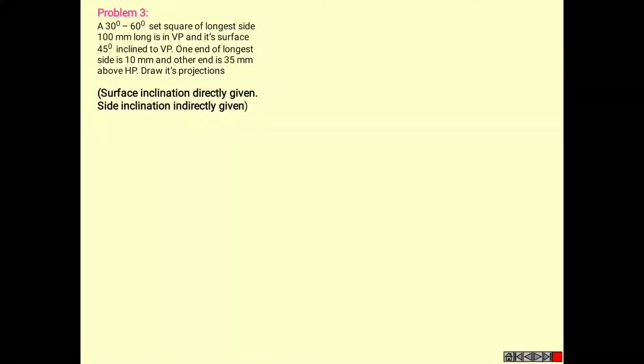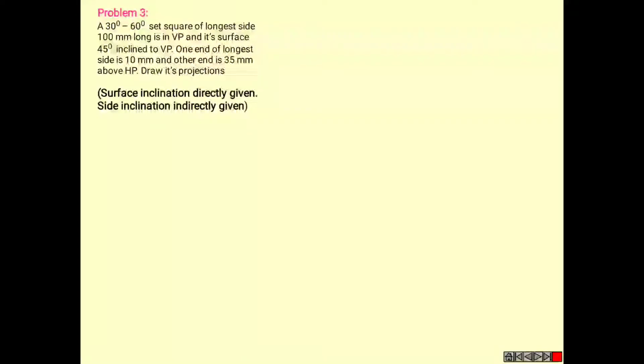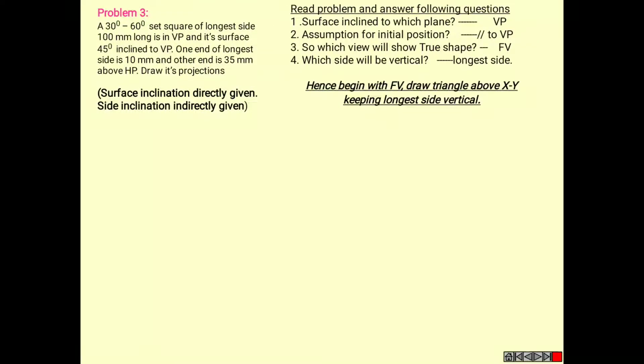One end of the longest side is 10 mm and the other end is 35 mm above HP. Draw its projections. So in the same case, but it is slightly above, 10 mm and 35 mm above HP. So surface inclination is directly given. So side inclination is also directly given.